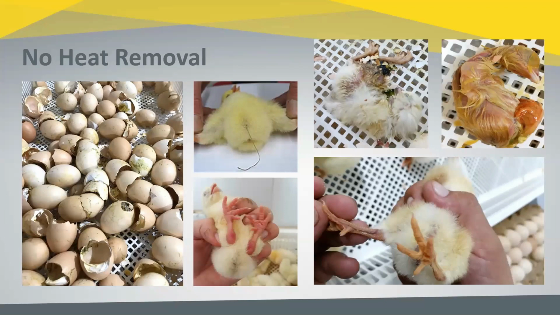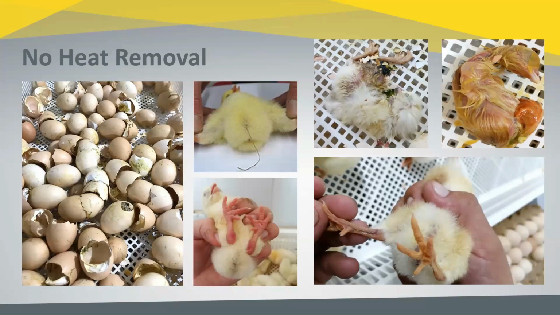You see navel issues such as strings or tags or unhealed navels. Red hocks are also a good sign that you're having too much heat. Chicks that are down in the basket due to an exposed viscera are very common when you have no heat removal.